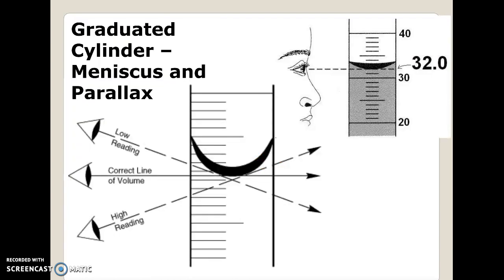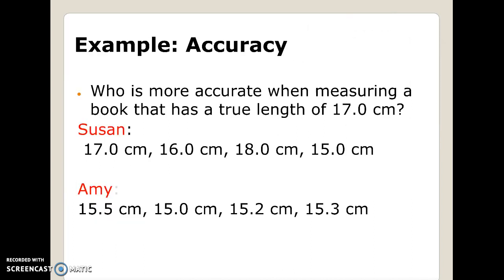You need to make sure that when you are reading a device, that you are not reading from above or below, because that will change the actual amount. It will not be accurate. You need to read at eye level, and if that means that you need to put your graduated cylinder on a table and then squat down to look at it at eye level, that's what you need to do. But you need to read at the bottom of the meniscus, and we'll look at some more examples of that momentarily.